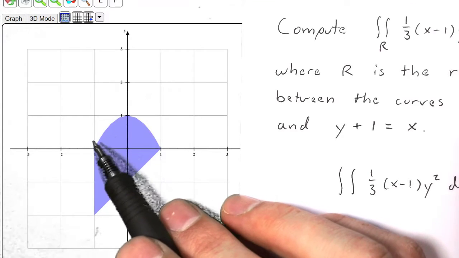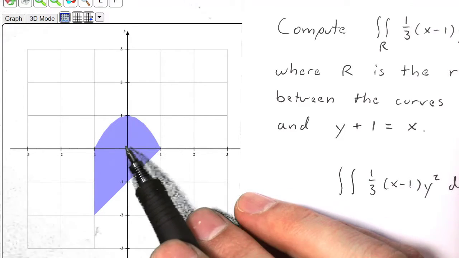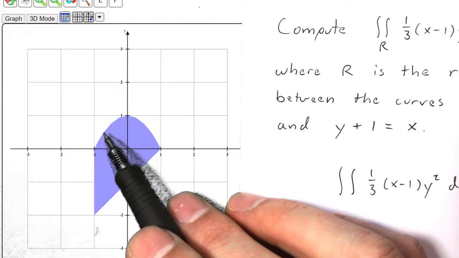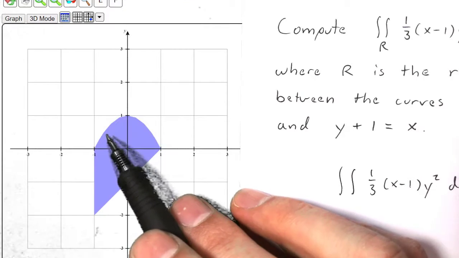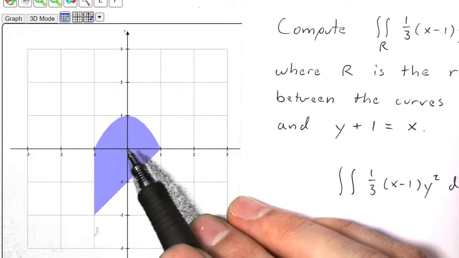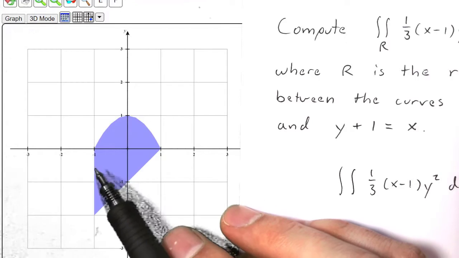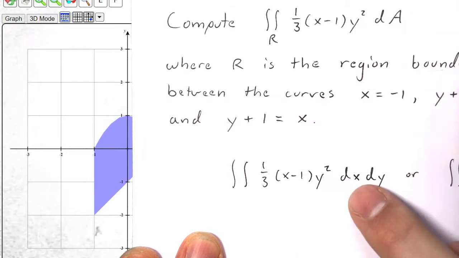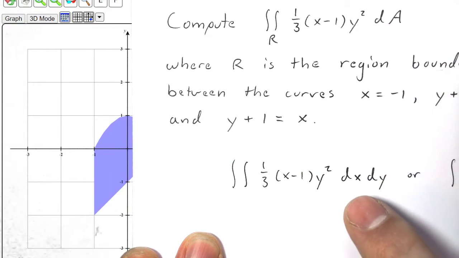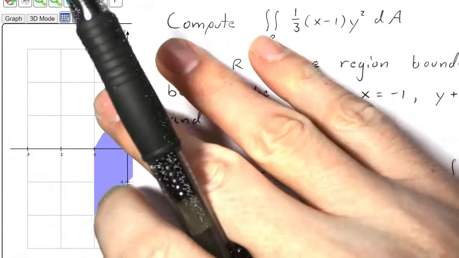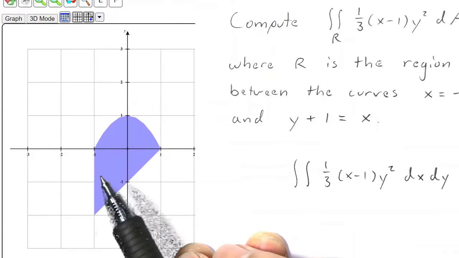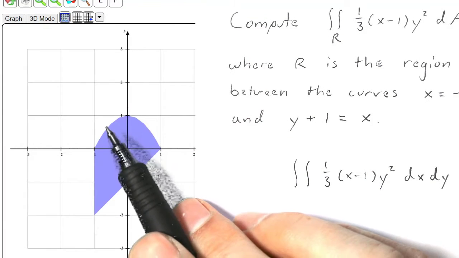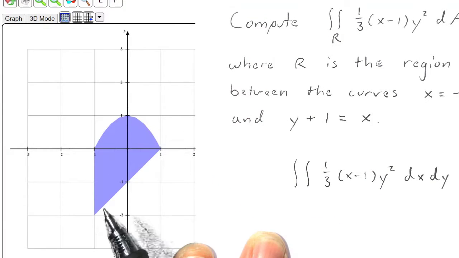On the interval from y equals 0 to y equals 1, I'm between these two curves, whereas on the interval -2 to 0, I'm between these two curves. That means that if I'm going to do the integral this way, I'm going to have to split it up into two separate integrals, one where I use these curves as my bounds, and the other where I use these curves as my bounds.